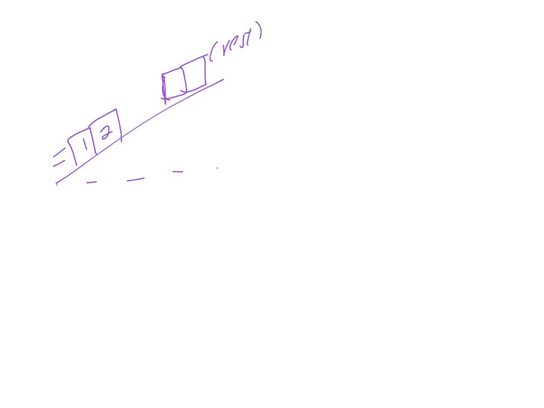So now let's look at what happens once they go up the incline. Just going to redraw a picture. So here's the incline it's sliding up. You've got these two boxes sticking together. They move, and then you're looking for where they're going to come to rest. So they're going to come to rest somewhere up here. Block 1, 2, block 1, 2.